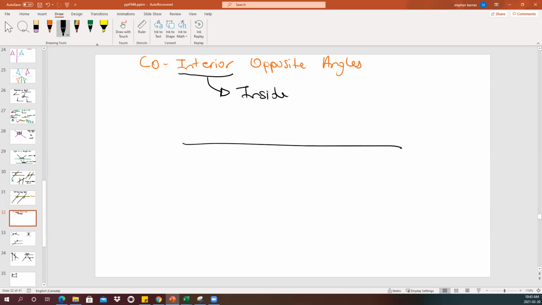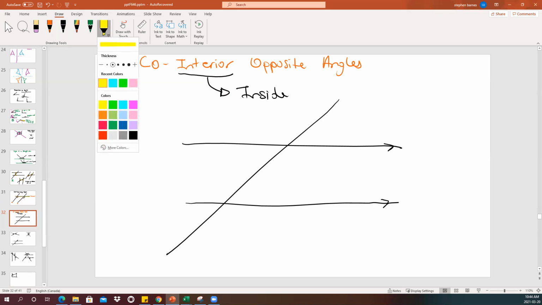So let's draw my line. So I have two parallel lines here, and then I have a transversal, right? Now, co-interior means inside of, right? So it's going to be two angles that are inside this section, this inside part of the transversal.